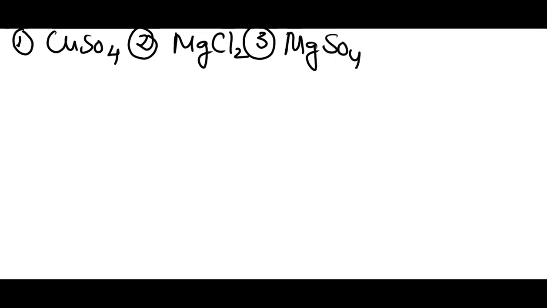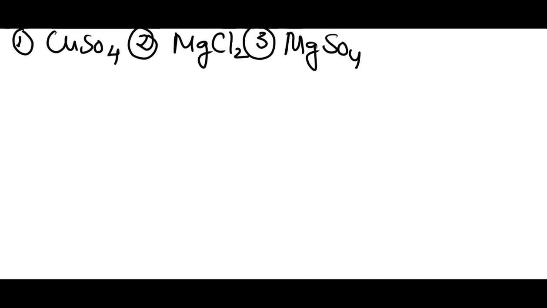So we have taken three different electrolytes. In the first one, we have copper and we have sulfate. So we have no halide element over in this compound. In the second one, we have taken magnesium chloride, where we have a halide compound. And in the third one, we have taken magnesium sulfate, where magnesium has a very high reactivity.